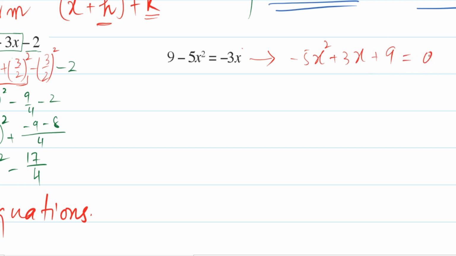Now again it is on the left side, so its sign will remain the same. Whenever you have an equation equal to 0, it's better to have the coefficient of x square positive. So we can multiply the whole equation by minus 1, and we will get 5x square minus 3x minus 9 is equal to 0. That will make your task easier.